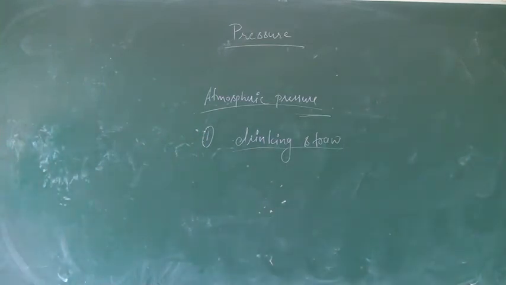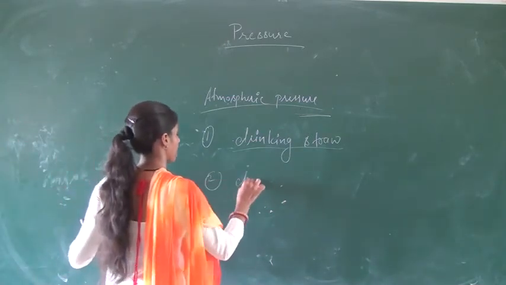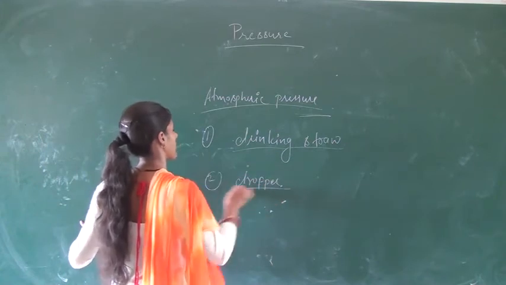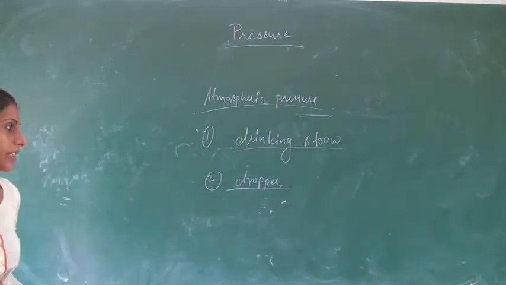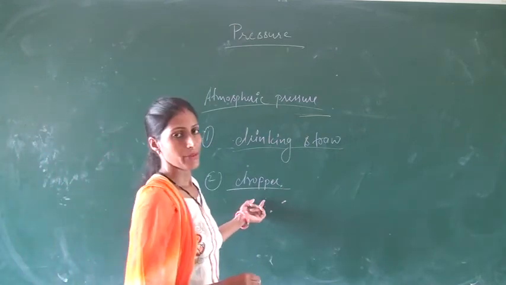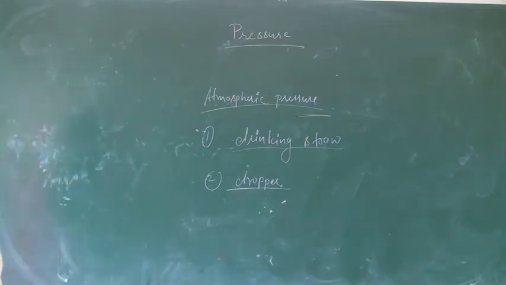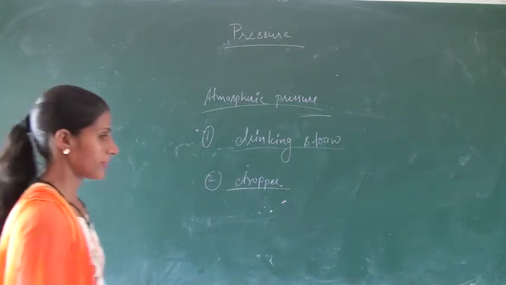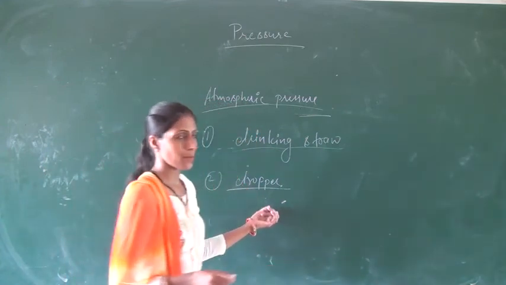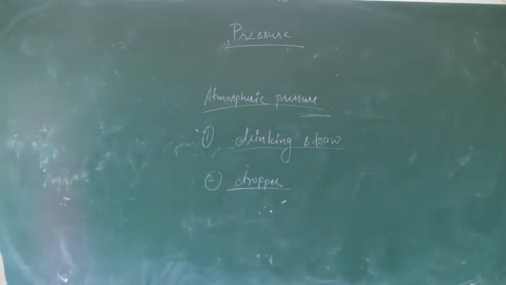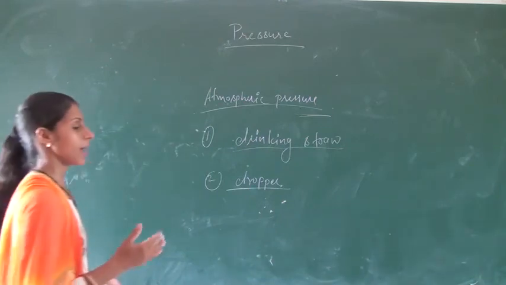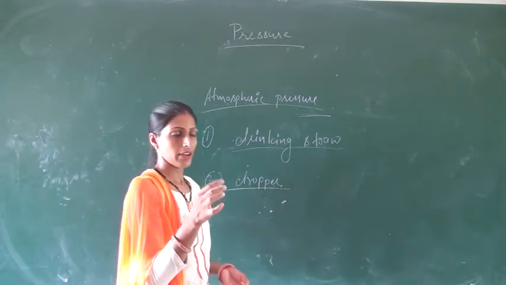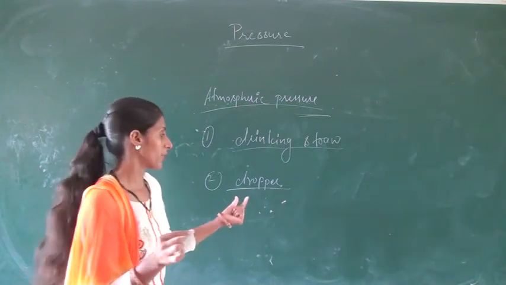Okay. After that, the dropper. Similarly, when a doctor fills a dropper with medicine, first he pushes out the air present in it by pressing the top part of the dropper.